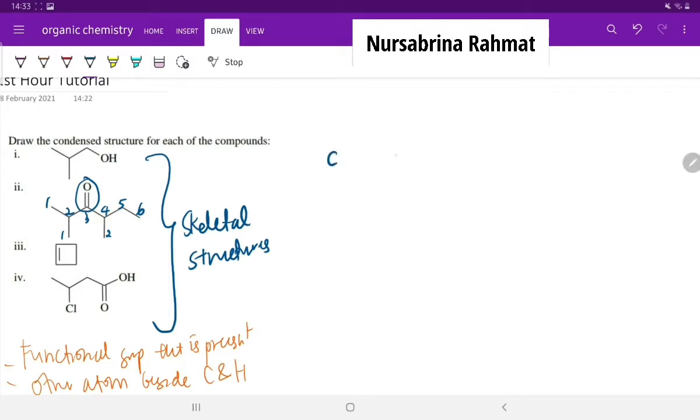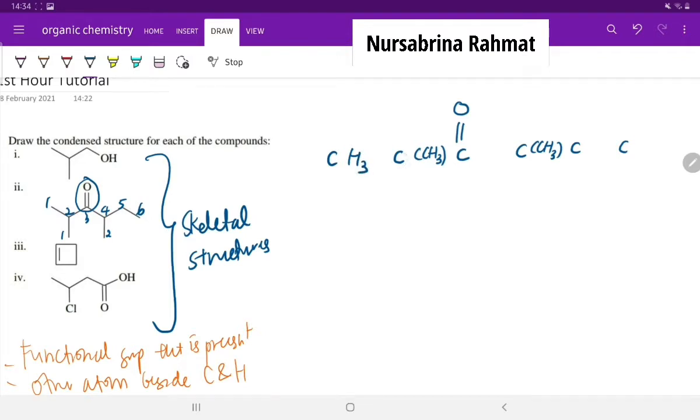We have 6 C, and at the third carbon we have C double bond O, with side chain CH3 at both carbon number 2 and carbon number 4.